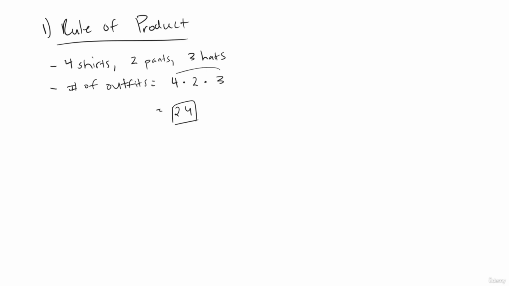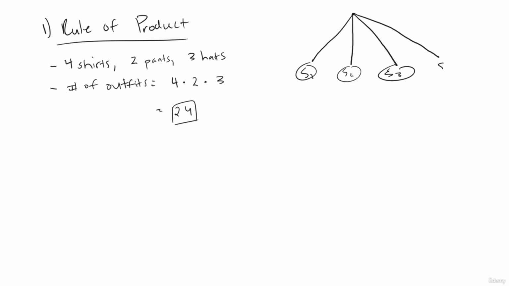And this right here is the rule of product. And how this can be visualized is using a tree. These 4 branches right here are going to represent the different types of shirts, S1, S2, S3, S4. And I'm just going to draw out this tree partially. It would be too big to draw out completely.